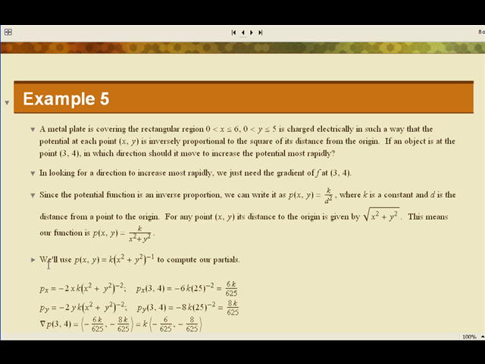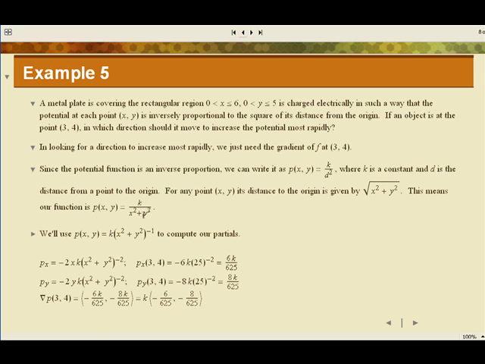Now I'm going to rearrange this a little bit. Write it as k times (x squared plus y squared) to the negative 1 to compute these partials. The derivative is the constant k times the exponent, negative 1, so I get a negative and a k, times (x squared plus y squared) to the one less power, negative 2, times the derivative inside.